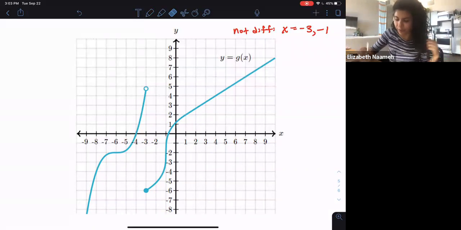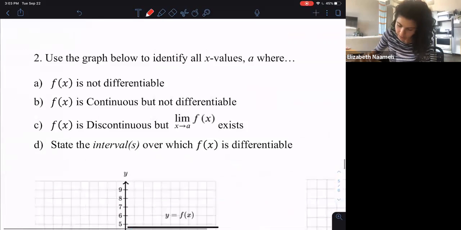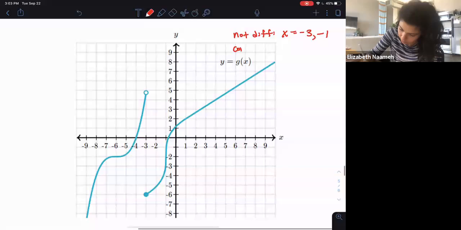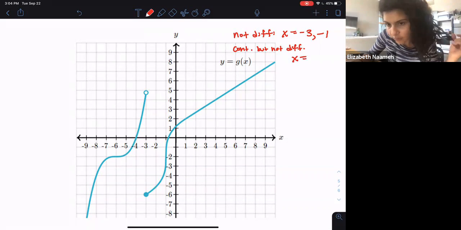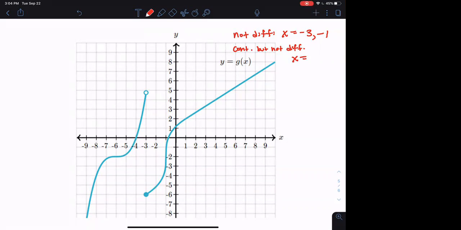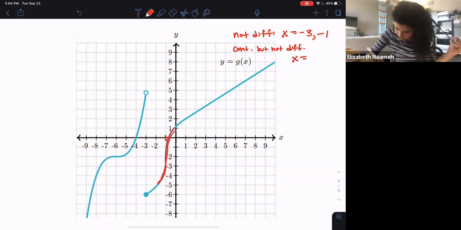Where is it continuous but not differentiable? Never mind. Isaiah? Continuous but not differentiable. -1. And -1, that's the only place where it's continuous and not differentiable.